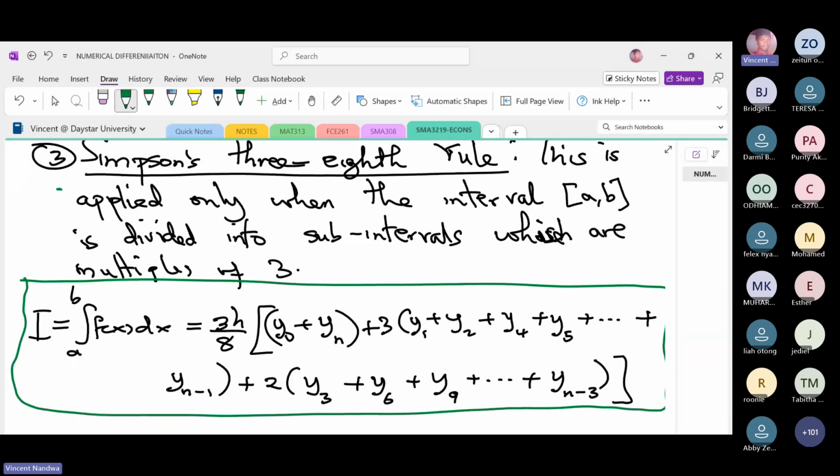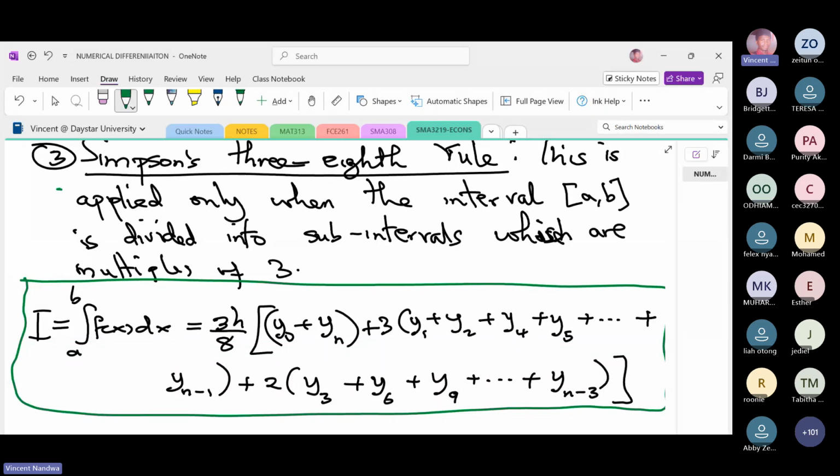After writing y0 plus y6, I'll have 3 into y1 plus y2 plus y4 plus y5.